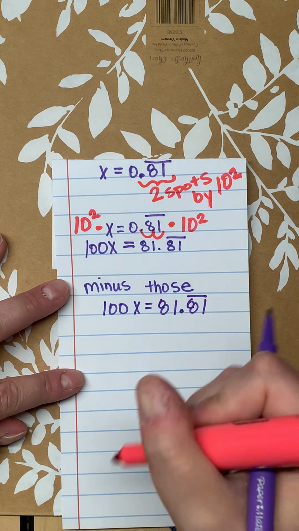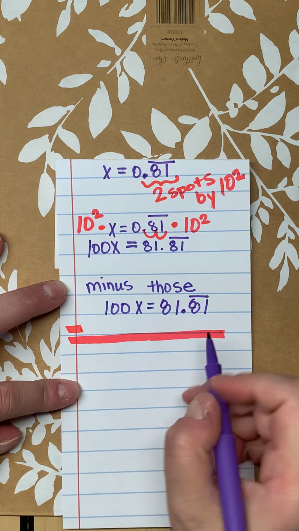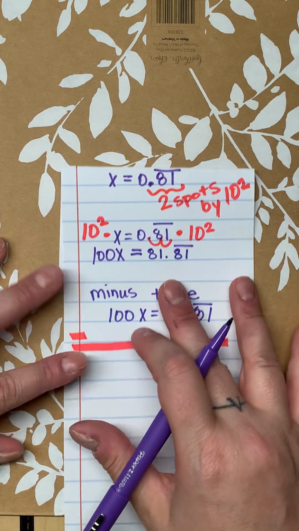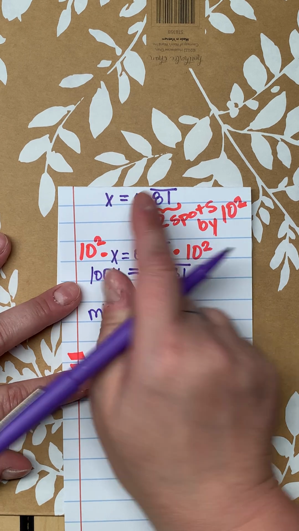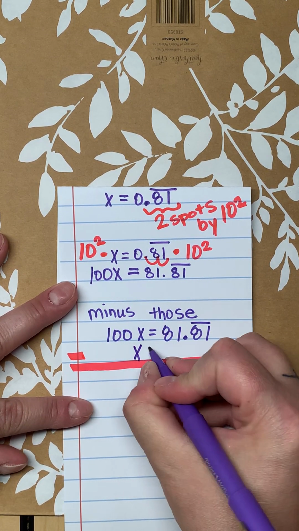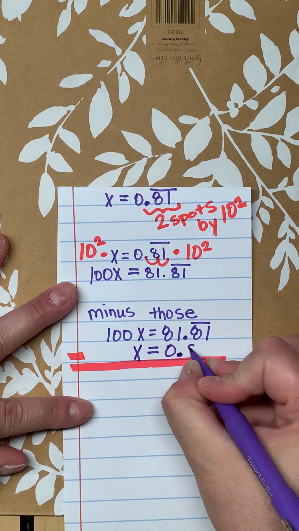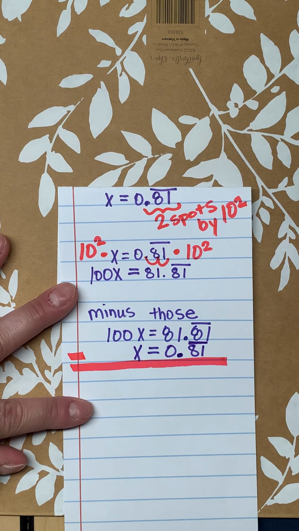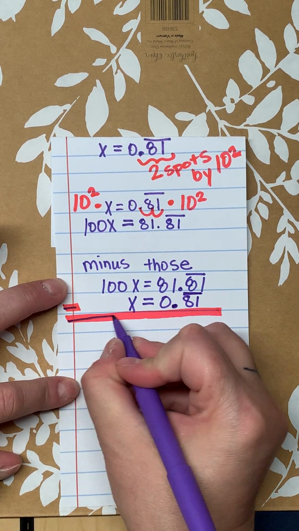And then we're gonna subtract, here's my subtraction bar, the very first equation that we started with, x equals 0.81 repeat. And I know this seems like witchcraft, but this is actually legit how you do it.